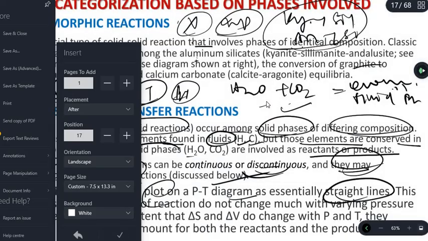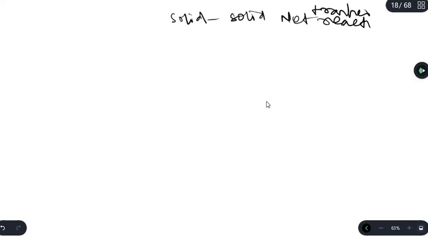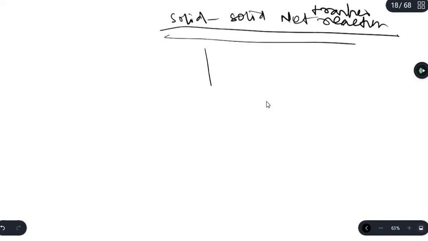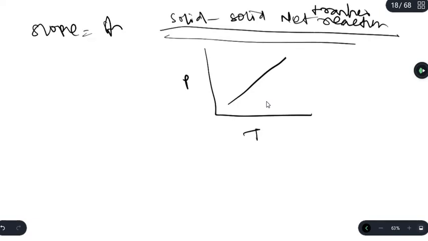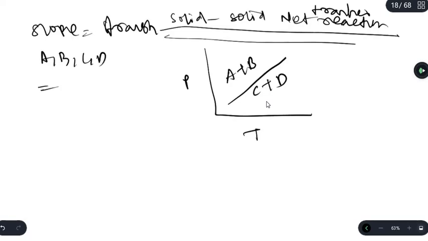So if you plot in the PT diagram, the slope is a straight line, right? Because there will be A plus B giving rise to C plus D phase, where A and B and C and D are all solid chemical species.